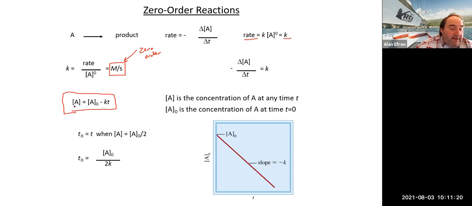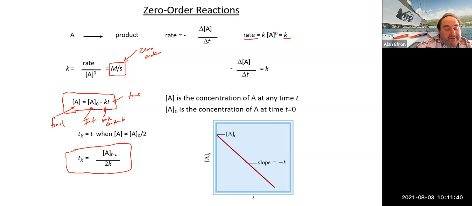Same guys as everywhere else: our final concentration, our initial concentration, our rate constant, our time. It also has a half-life equation, where it's the initial concentration divided by 2k. So we see concentration dependence on the half-life for a zero order reaction.